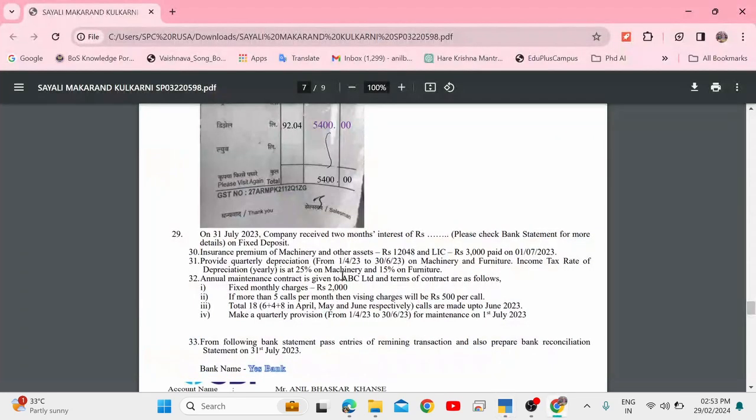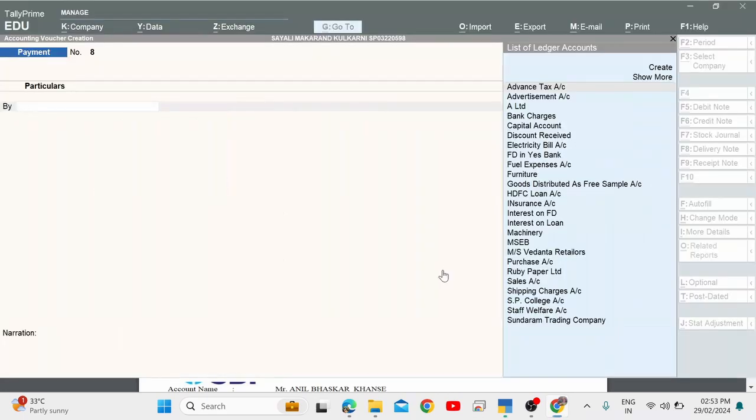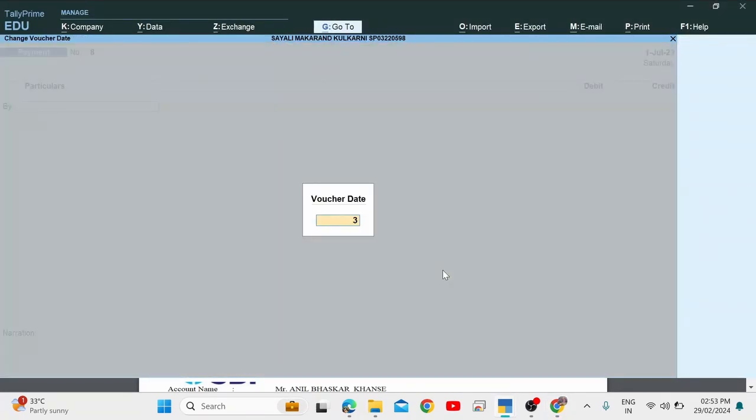Then after this insurance payment, provide quarterly depreciation, so the depreciation entry will also come. On which date are they asking us to provide quarterly depreciation? Quarterly means for 3 months, and at the end of 3 months you should provide. End of 3 months means 30 June.